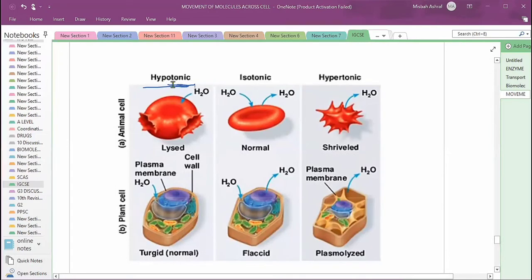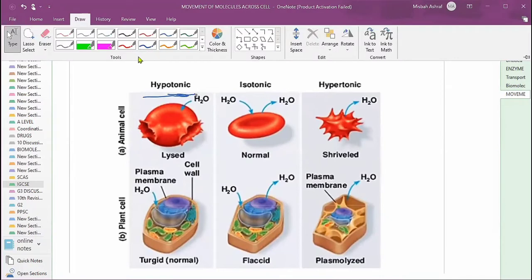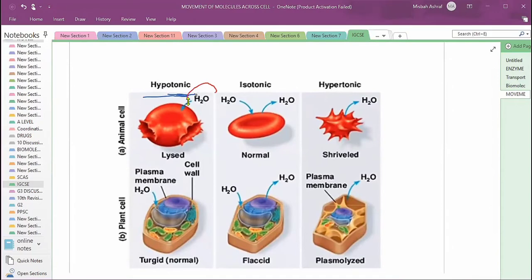If you place them in hypotonic, there is more water outside, right? Here you can see there is more water outside and less water inside the cell.